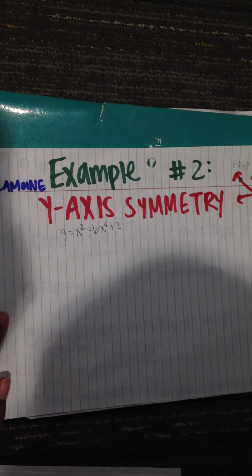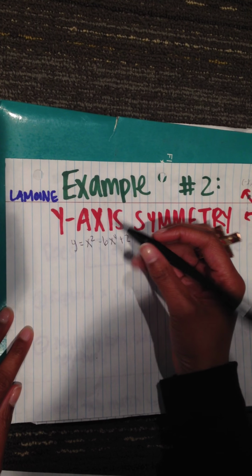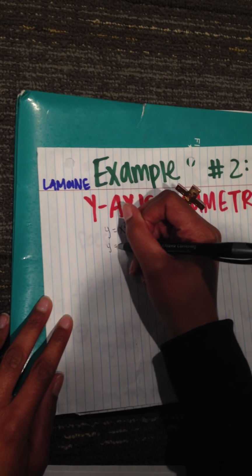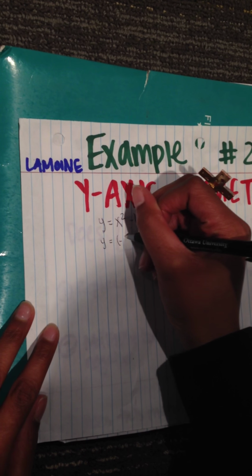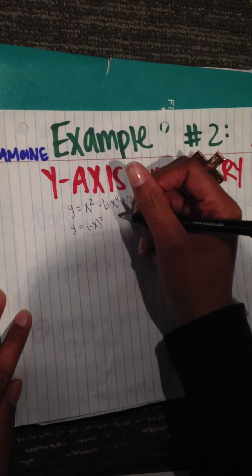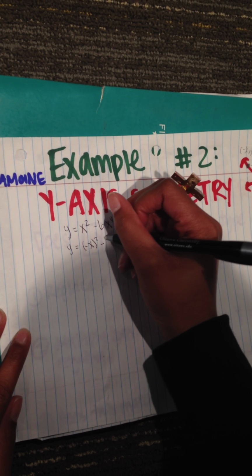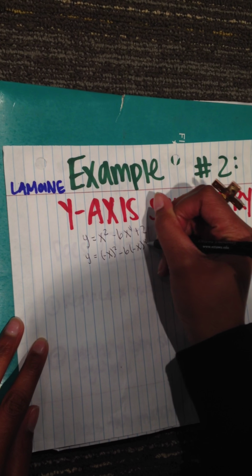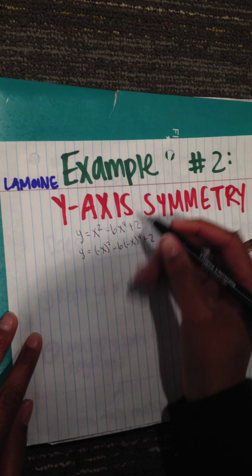So our first step will be to replace all the x's with negative x. So we have y equals negative x, and make sure you put them in parentheses, otherwise that will mess up the whole equation. Minus 6 negative x to the fourth plus 2.